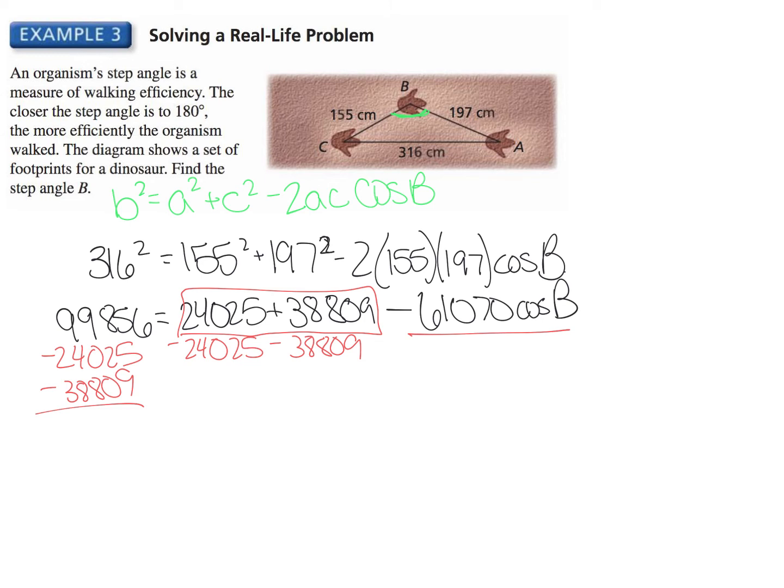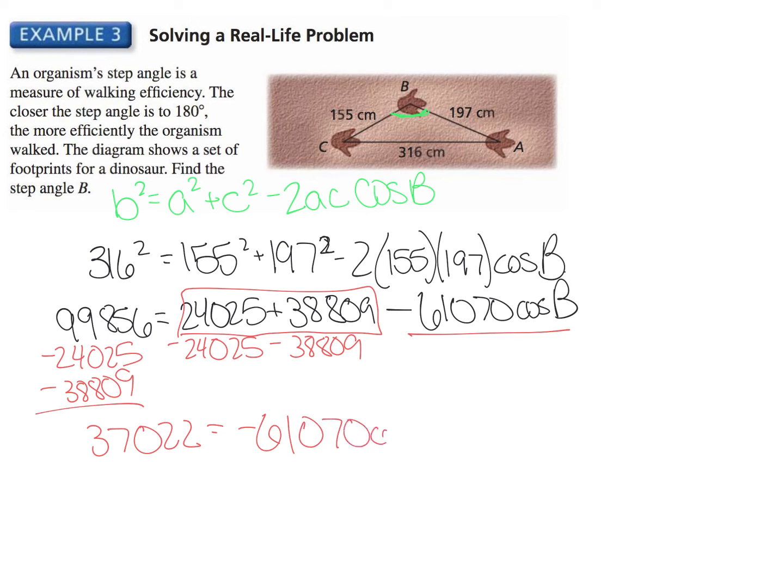Hopefully you are doing this along with me and not just sitting here watching the video. You're basically listening to me plug things into my calculator. That gives us 37,022. So 37,022 equals negative 61,070 cosine B.